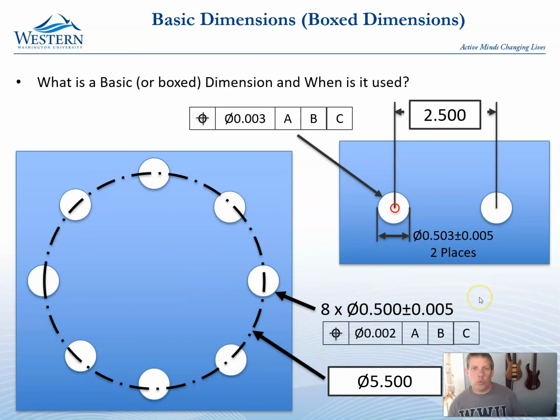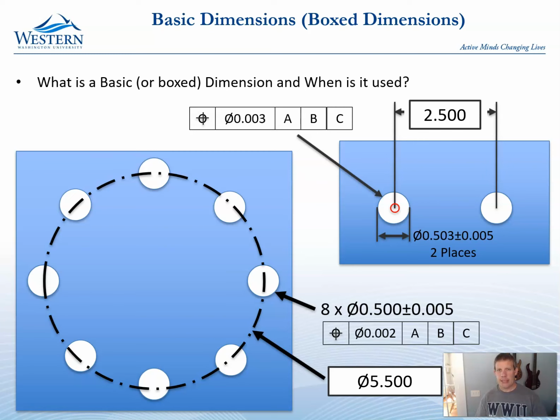So the final question with this is, do all GD&T callouts therefore have basic dimensions associated with them? What do you think the answer is? The answer is no. Only some of the GD&T callouts have basic dimensions associated with them.